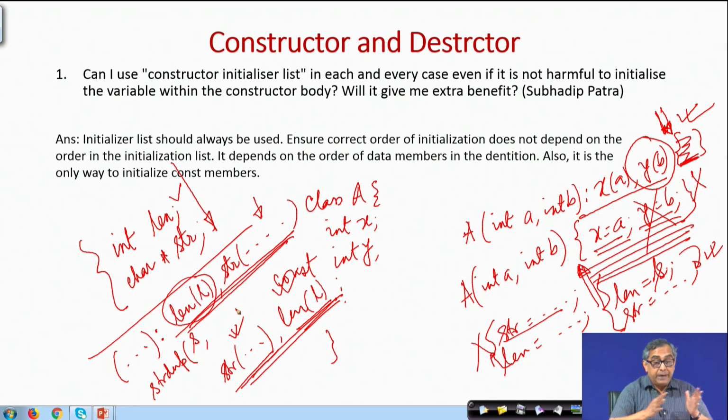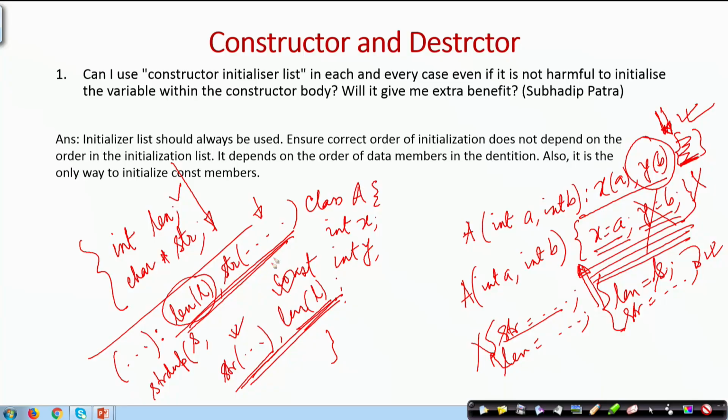Now, for a class I may have multiple different overloaded constructors, all of them will need this initialization to be done, but they may have been written at different times, they may have been written by different programmers. So, it is very possible that in terms of the order of initializing these data members, some of the programmers will make an error.